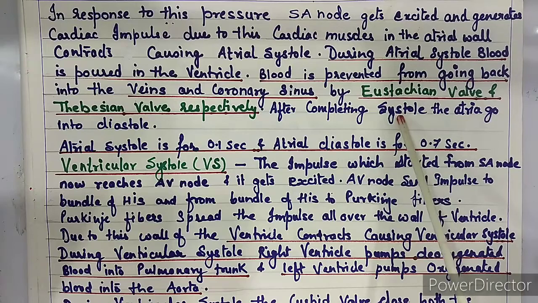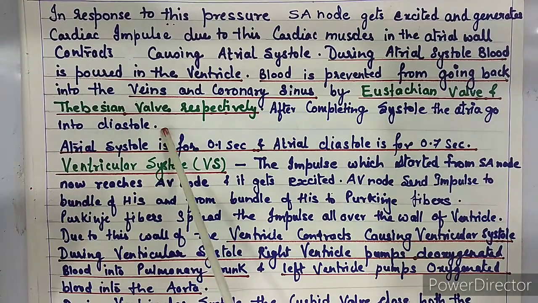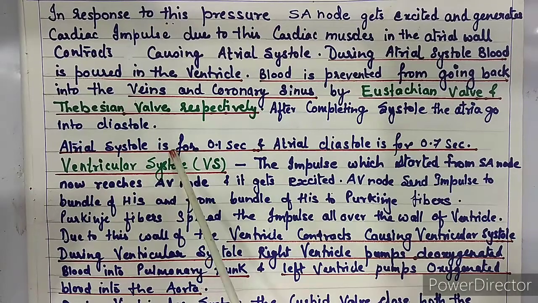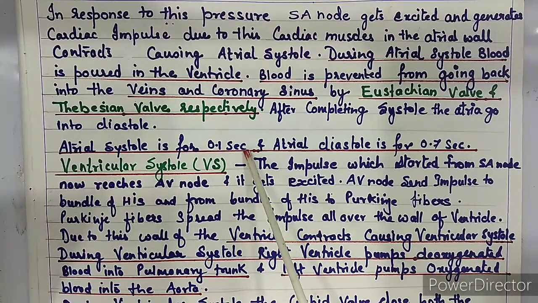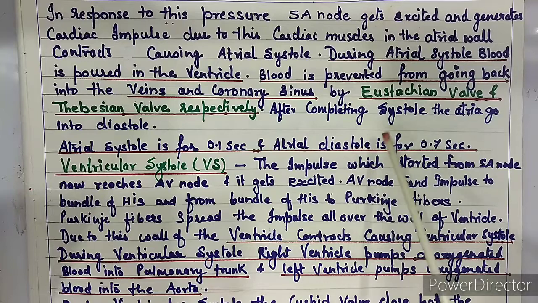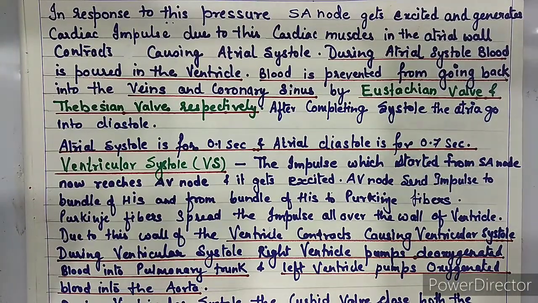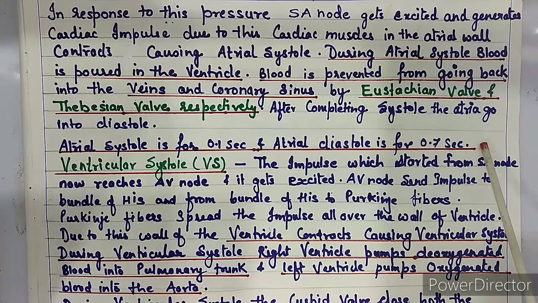After completing systole, the atria go to diastole, the stage of relaxation. The atrial systole lasts 0.1 second and the atrial diastole lasts 0.7 seconds. The muscles of the atria contract for 0.1 second, whereas they relax for 0.7 seconds.